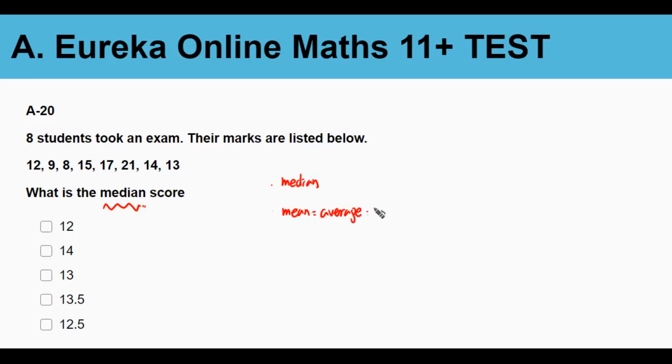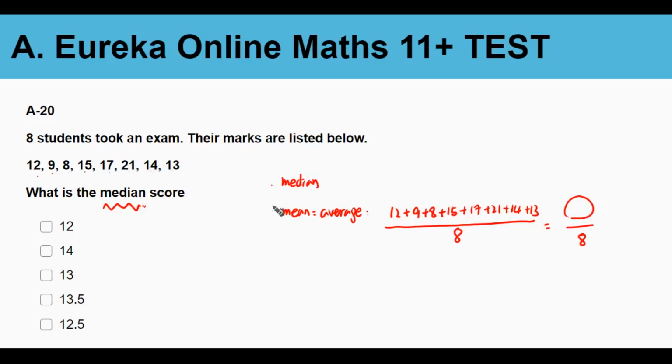To find the mean or average value, you combine all the values and divide by the total frequency, which means the total cases: 1, 2, 3, 4, 5, 6, 7, 8 cases we have. Then you combine all the values, find the total, and divide by the 8 cases. This value is the mean or average value.